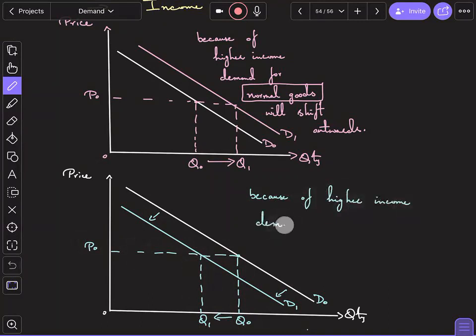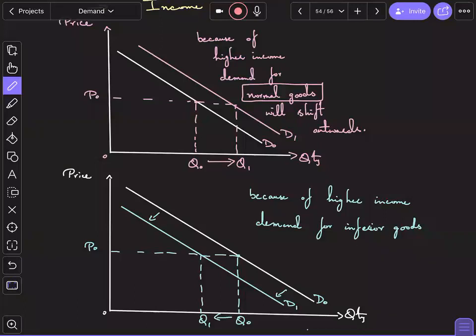The demand for inferior goods will shift inwards from D0 to D1.